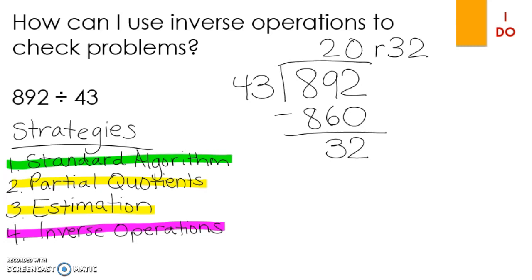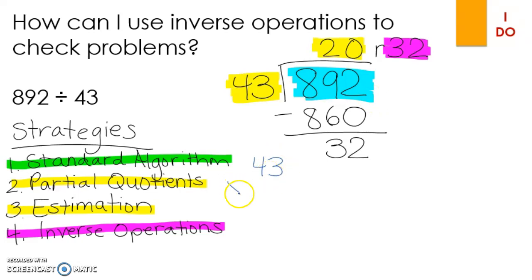For example, if this is true, then I should be able to multiply 20 by 43 and add 32. And if I am correct, it should equal 892. Let's check and see if that's correct. 43 times 20. Is it 892? No, but it should be 860.